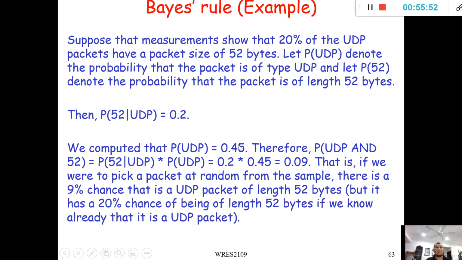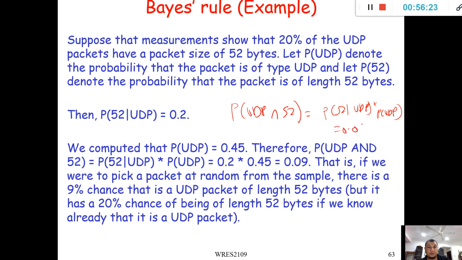If you want to compute P(UDP and 52), it is equal to P(52 given UDP) times P(UDP). This is conditional probability, so you got 0.09.